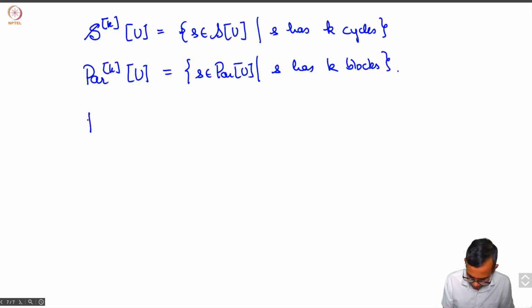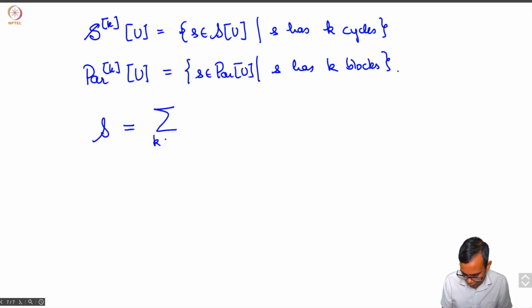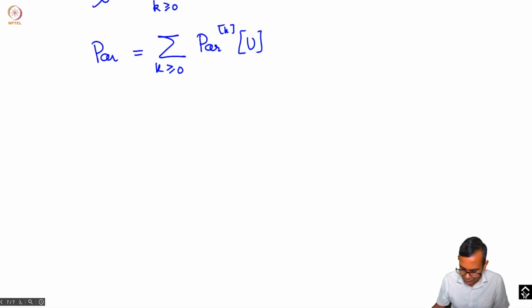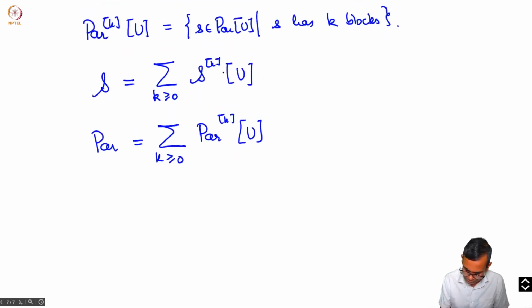Then what we get is S is equal to summation k goes from 0 to infinity S_k(U), and Par is equal to summation k goes from 0 to infinity Par_k(U). Okay, and recall we kind of know what these generating series are.